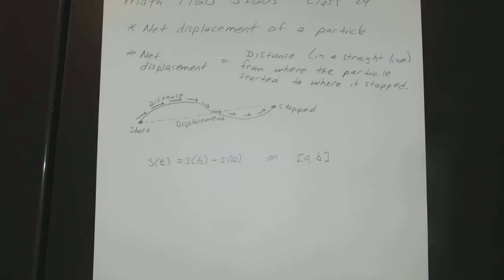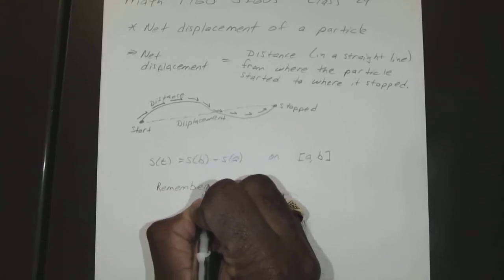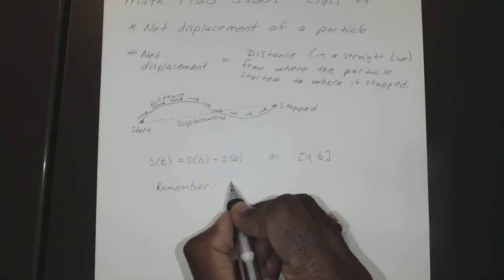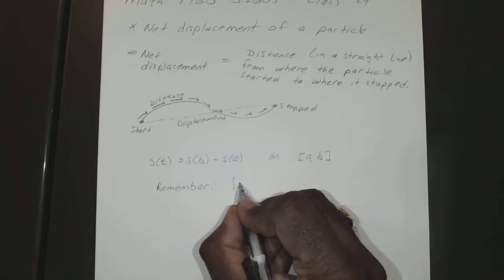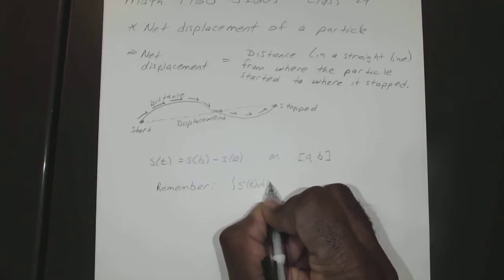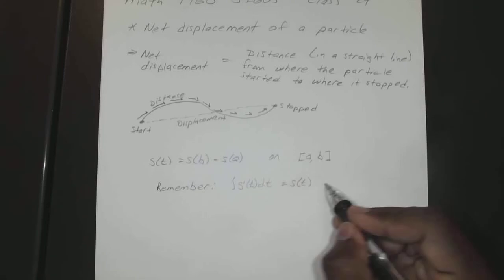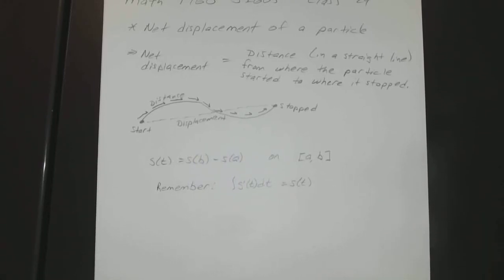All right, now if you remember, the integral and the derivative cancel each other out. The integral of, let's say, S prime of t is just S of t. You can do the plus C if you want to, but not really worried about that on this one. So the integral and derivative just cancel each other out. This is just your original function.